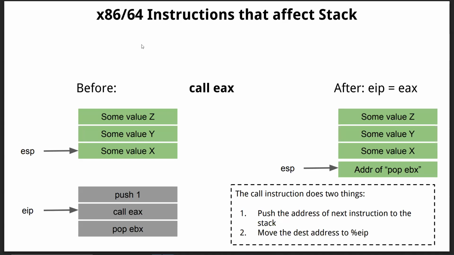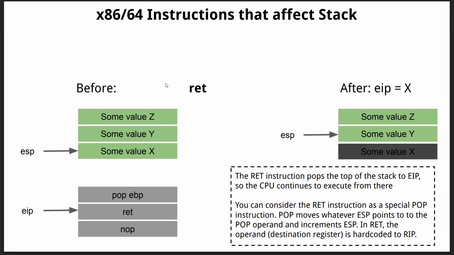The reverse operation of call is obviously return. This instruction is also very simple. It will pop the top of the stack to the register EIP or RIP. That's it. Let's say the stack looks like this, Z, Y, X. EIP points to the return instruction, and we are going to execute it.